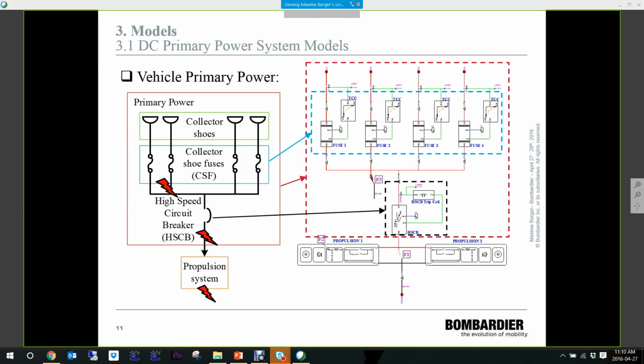The detection block sends a signal to the HSCB trip coil, and takes into account the detection and mechanical opening delays of the circuit breaker. And finally, we have our propulsion systems, which are modeled using an average load model behind its input LC filter. Here the auxiliary subsystems have been neglected just for the sake of simplicity.